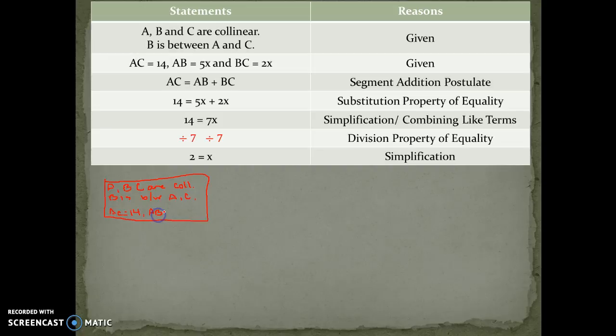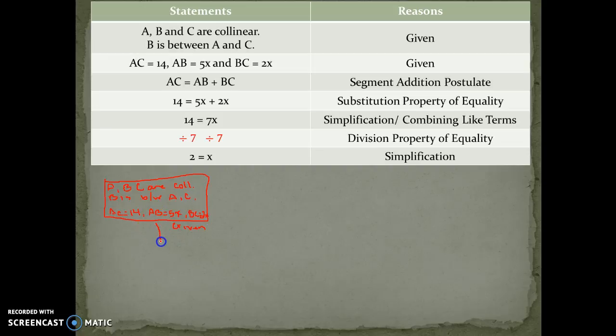AB was equal to 5x. And we know that BC was equal to 2x. And the reason we know that, you can write below the box right here, is you can say that that is given.